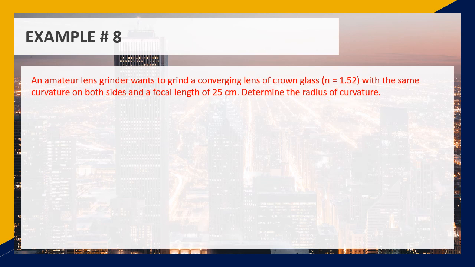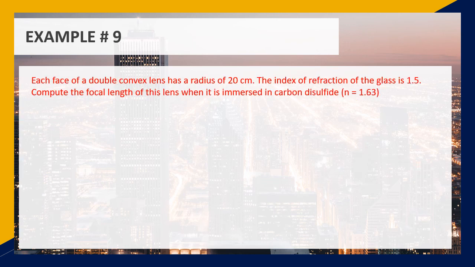Dali na lang kayo na. And another assignment, each face of a double convex lens has a radius of 20 centimeters. So same lang ang radius. The index of refraction of the glass is 1.5. Compute the focal length of this lens when it is immersed in a carbon disulfide. So magamit na tong n1 over n2 diri.